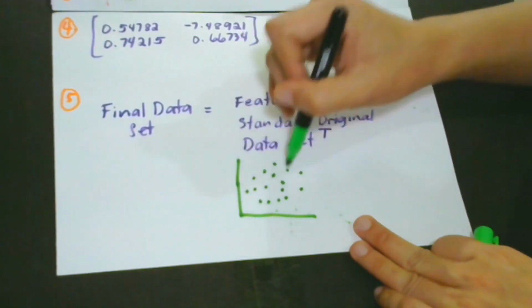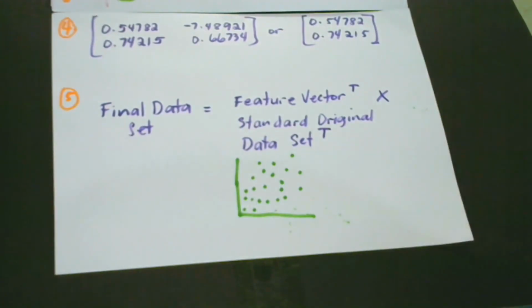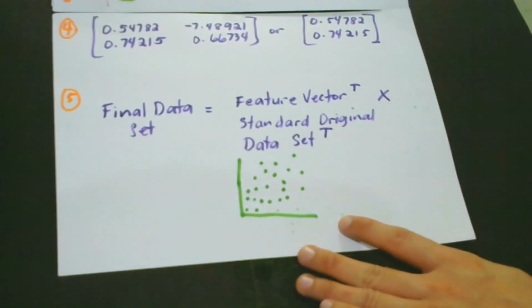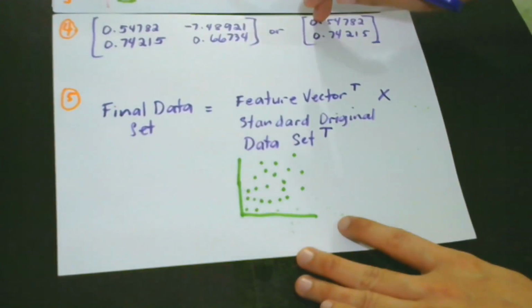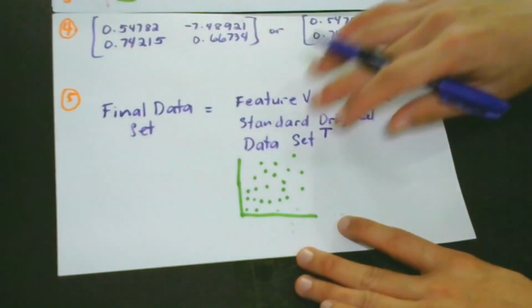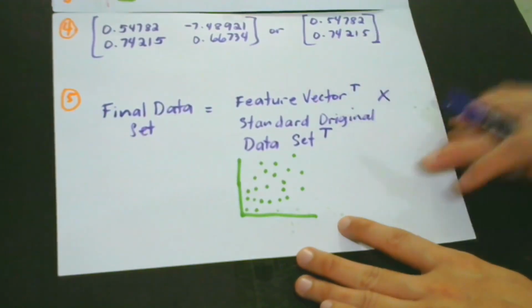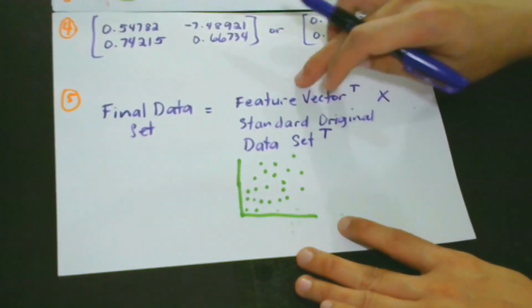So these are the points of our original data. And then we would like to reorient the axis of our original data. So what we will do is that we're going to use the feature vector. This is done by multiplying the transpose of the original dataset by the transpose of the feature vector.